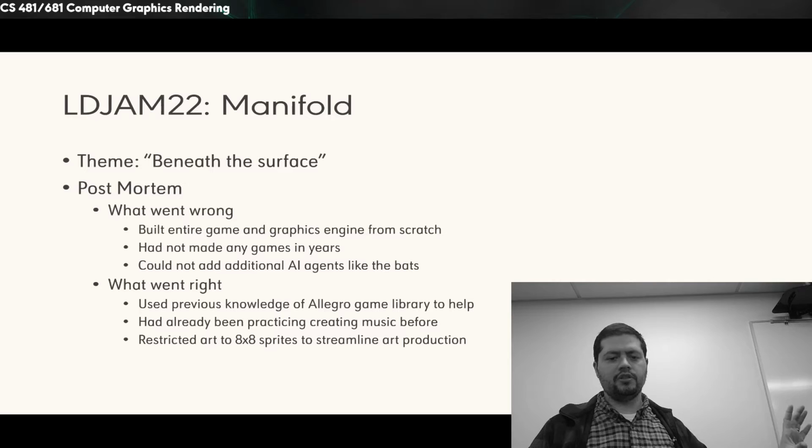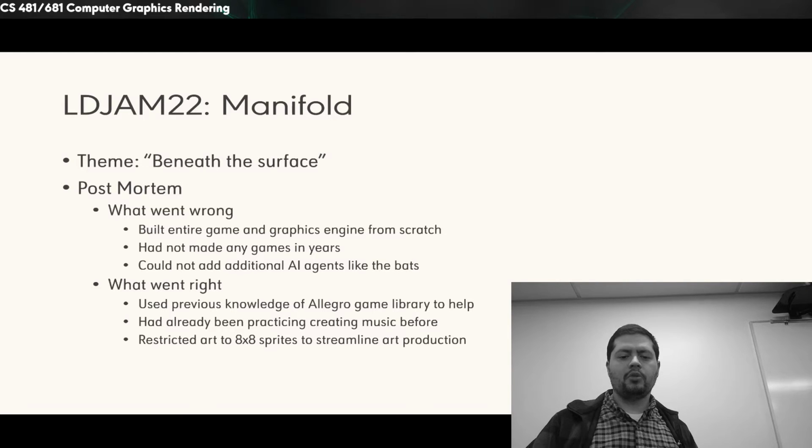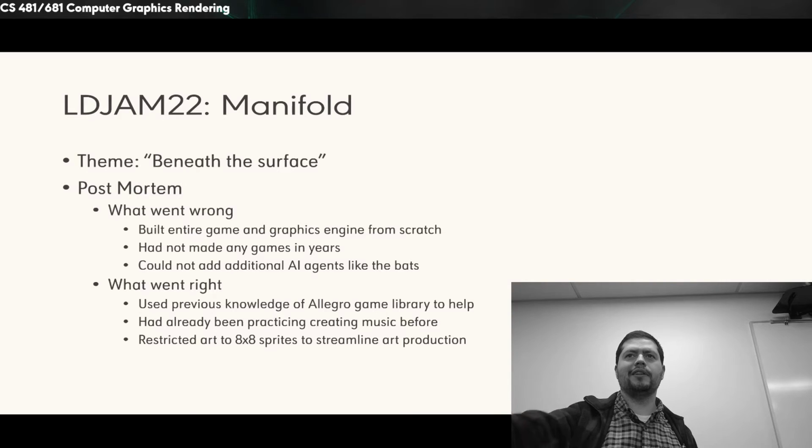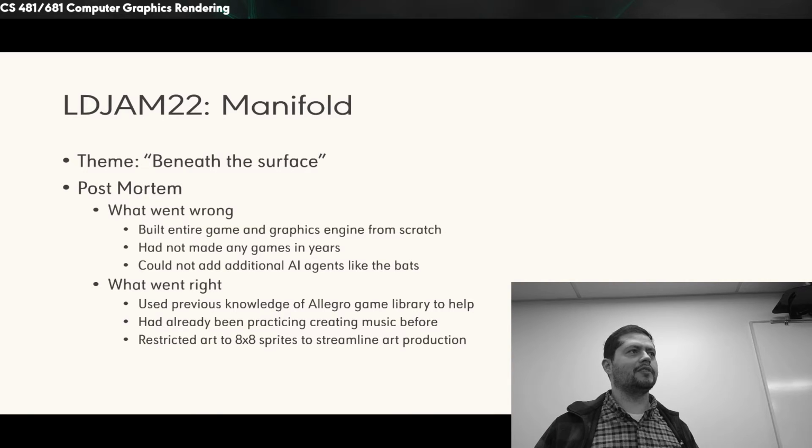Use libraries you already know how to use, practice beforehand, and restrict some of the choices you have so it's easier to deal with them. And then think of creative things you can do with it. For example, when you hit the bat, I thought it'd be cool to have it fly up towards you and then back down again, to give a 3D effect. So I think that worked out pretty good.